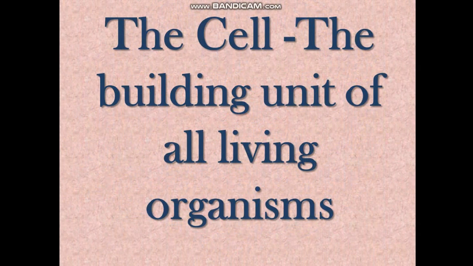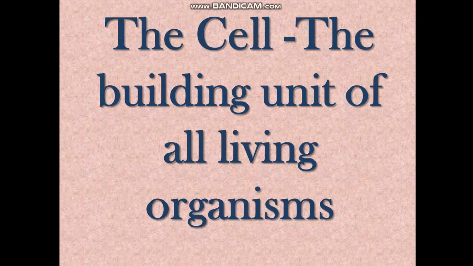So, we classify the living organisms according to the number of cells. What's the meaning of a number of cells? Think. Great, this means that the living organisms may have more than one cell.